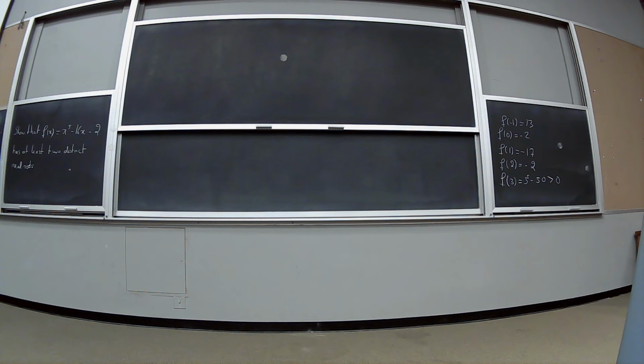Do we see this? So do we have at least 2 distinct roots? Where are they located? There is one between minus 1 and 0, and one between 2 and 3.